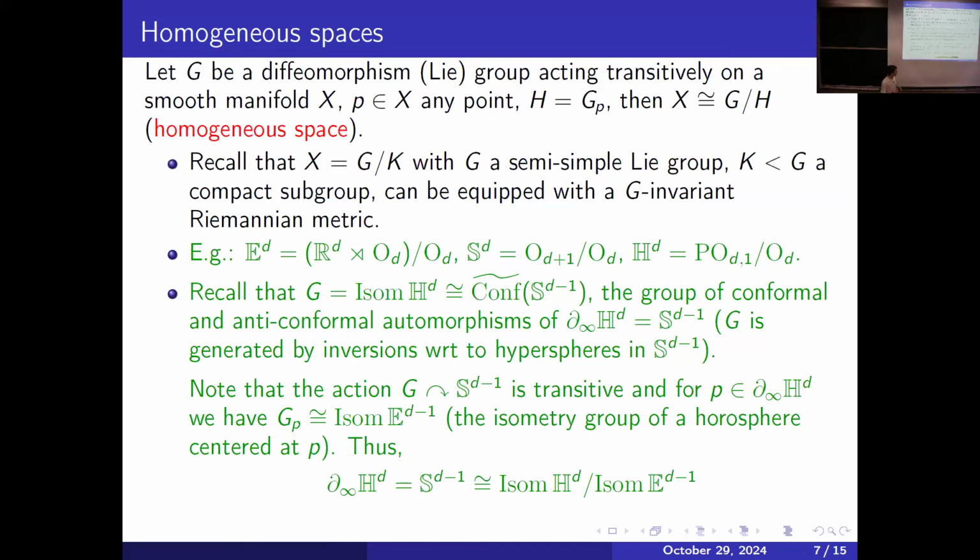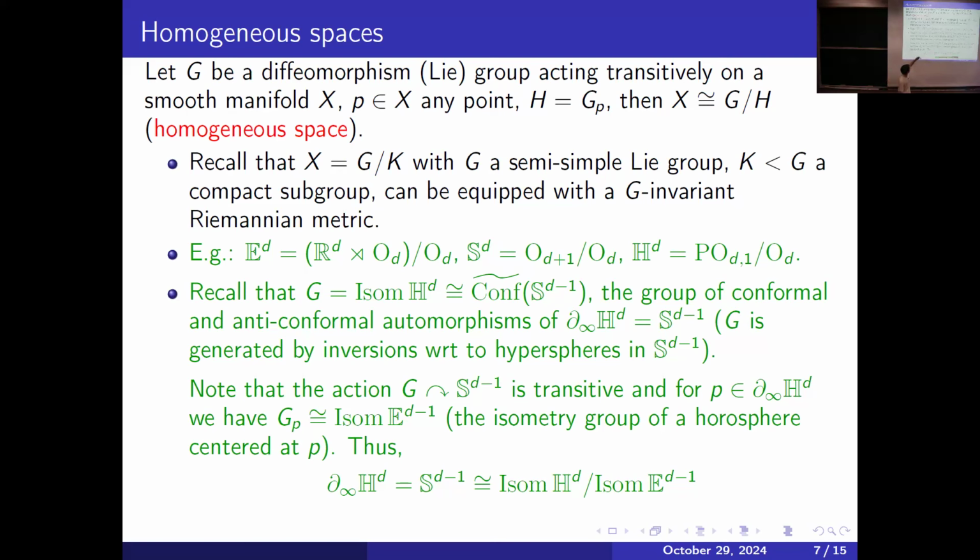Then we also remember that the action on the boundary is transitive. And we just discussed that for every ideal point, the stabilizer G_P is the isometry group of the Euclidean (d-1)-dimensional space, which is the horosphere at P, right? And thus, we have that the sphere S^(d-1), the boundary, is identified with the following homogeneous space.